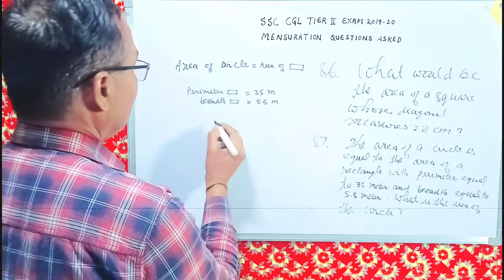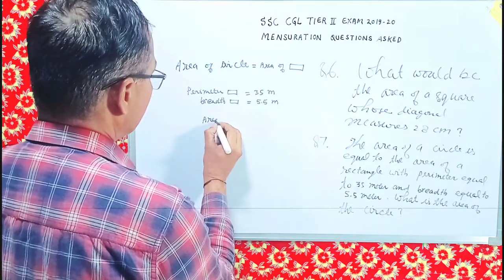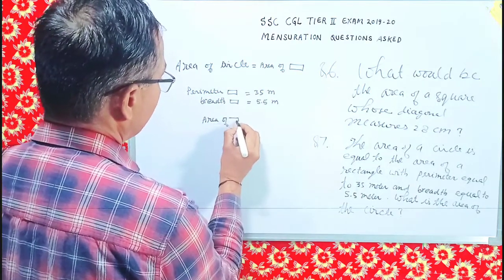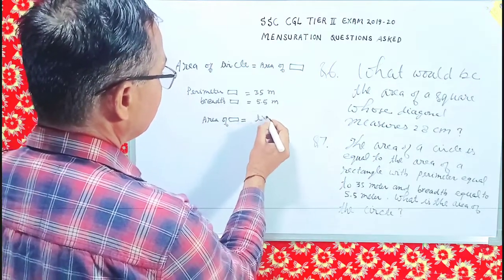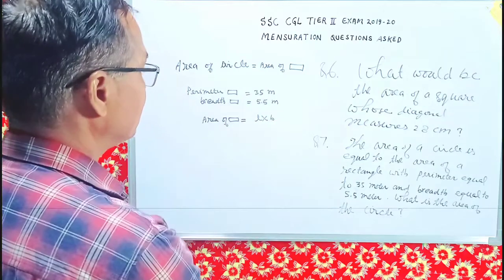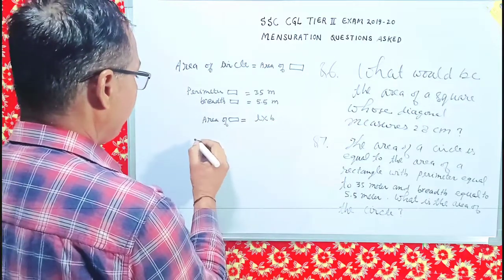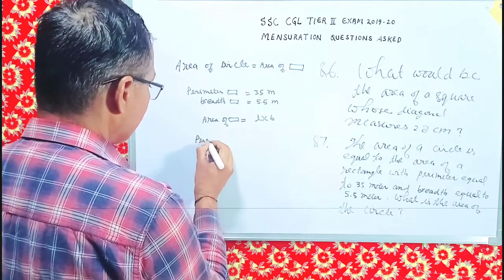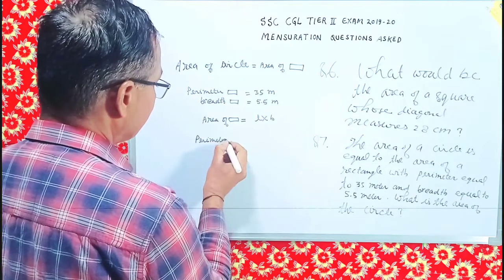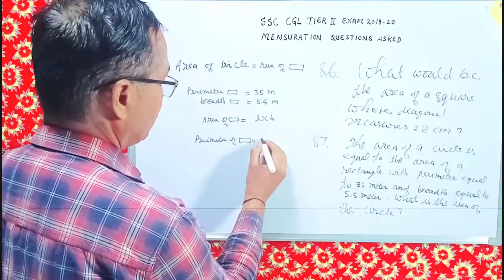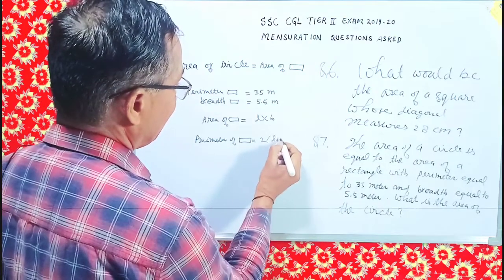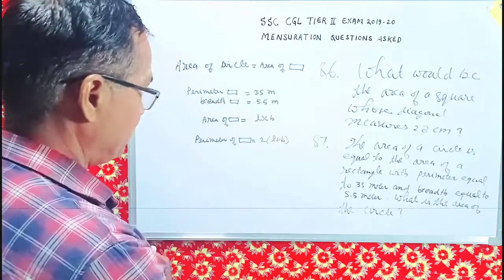Here the area of a rectangle is equal to length into breadth, and the perimeter of a rectangle is equal to twice of length plus breadth.